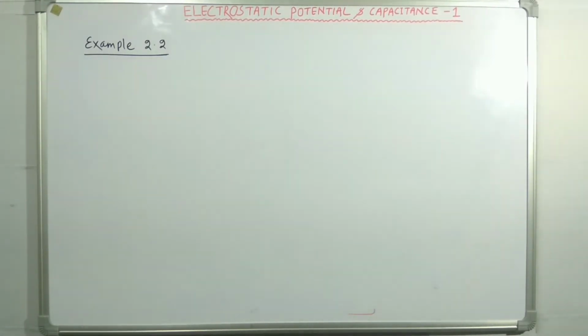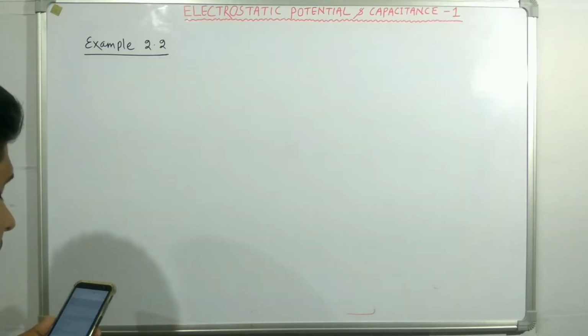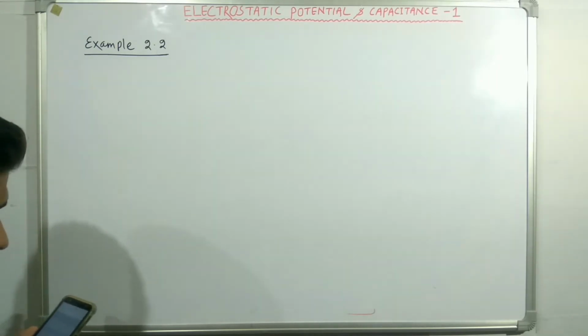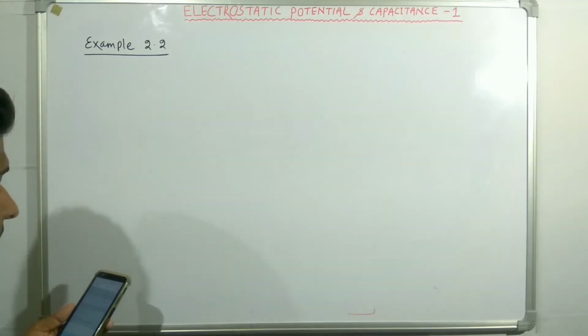Okay, next we move to example 2.2. Two charges, 3 × 10^-8 coulombs and -2 × 10^-8 coulombs, are located 15 centimeters apart.